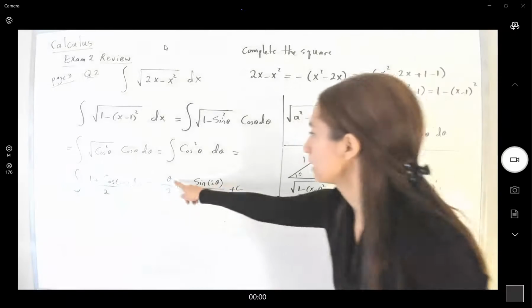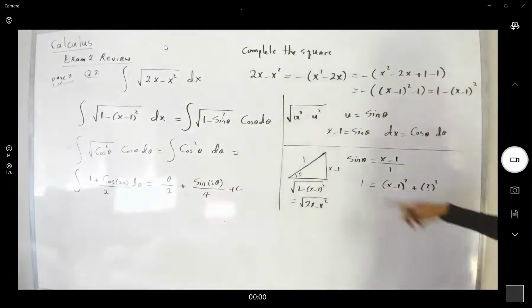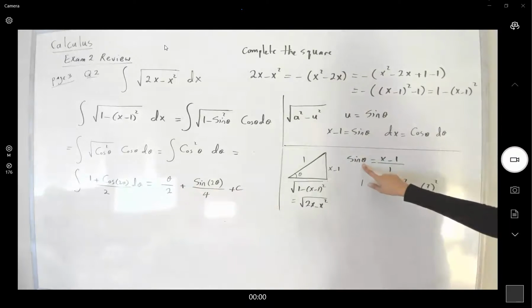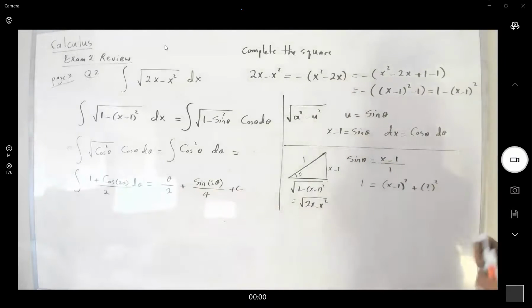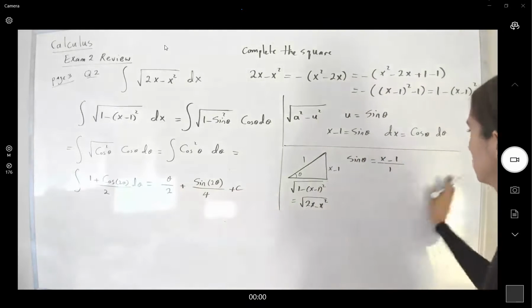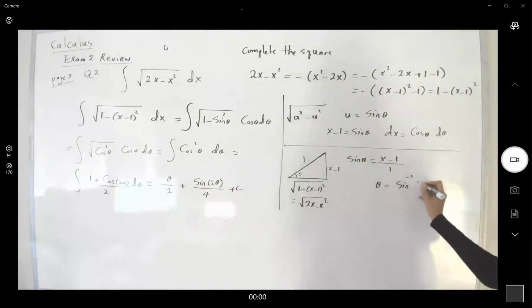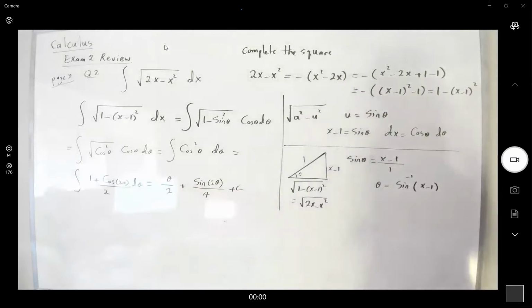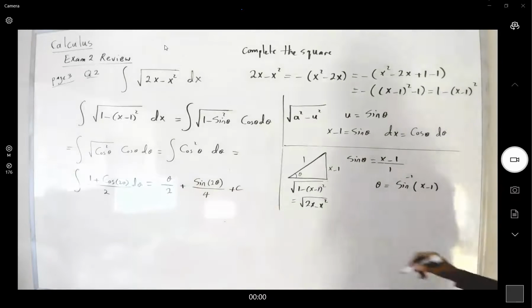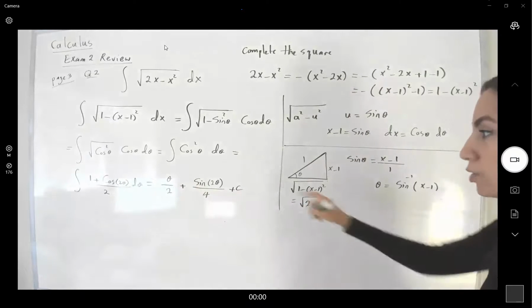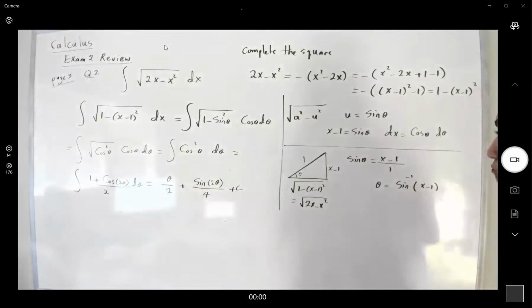We have theta divided by 2. Theta is arc sine of x minus 1. At the same time, you have sine 2 theta.